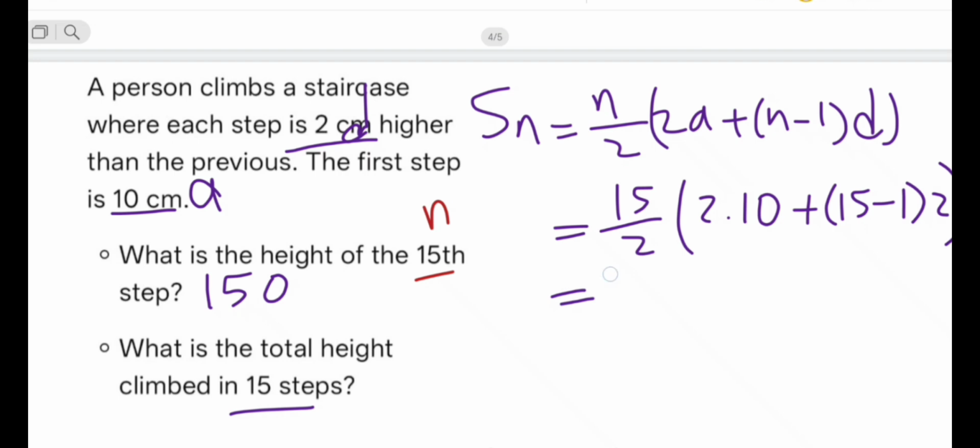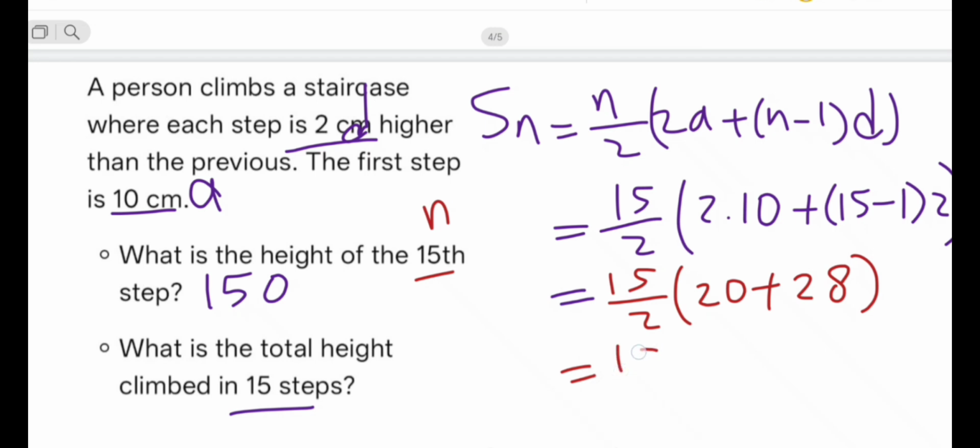Now 15 divided by 2. 2 times 10 is 20, plus 15 minus 1, 14. 14 times 2, 28. Then 15 over 2, bracket 20 plus 28 is equal to 48. So 48 divided by 2, which is equal to 24.